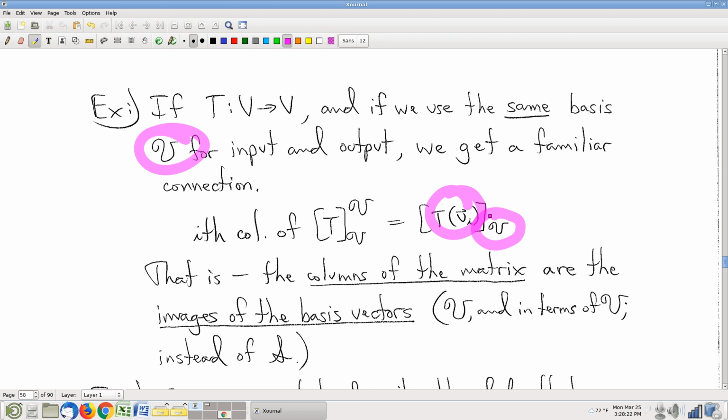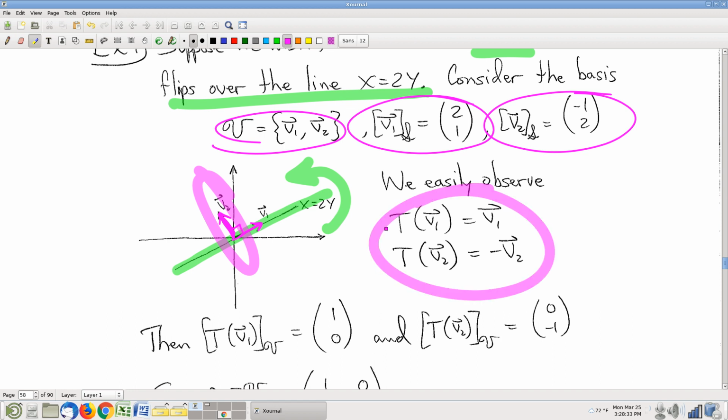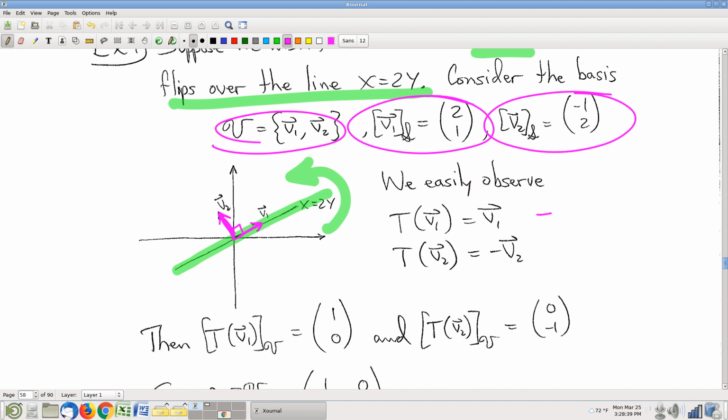We've gone to some trouble to conveniently be able to avoid the standard basis, right? Okay, so how do I write those? What are the coordinates of these outputs with respect to script V? I've got to figure out how to write these images as linear combinations of V1 and V2.